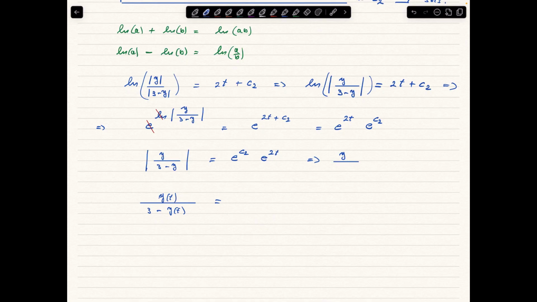Y over 3 minus y is plus minus, this is because we got rid of the absolute value, exponential c2, and here is exponential of 2t, and of course this constant here is going to be now c3, which is what I wanted to write here, c3 exponential 2t.